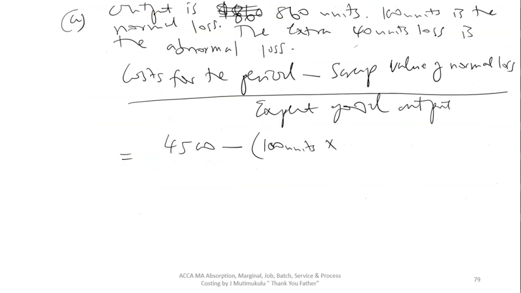That's 0.90, all divided by the expected good units. Expected good units, ladies and gentlemen, is just the input less normal loss. The normal loss is 100 units, the input was 1000, so 1000 minus 100 units gives 900. That's the expected production, the expected output.